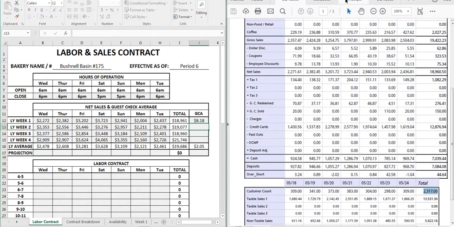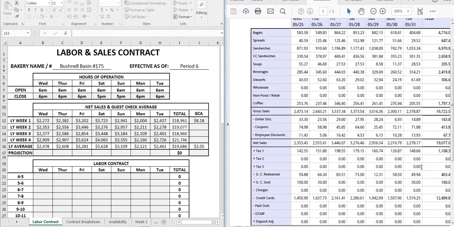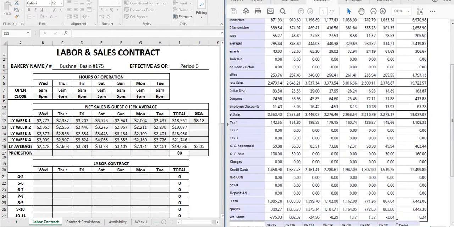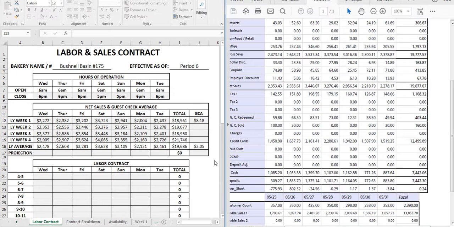If I'm going on to week number 2, looking at my customer count of week number 2, it's 2390. So again, net sales divided by your customer count. And being that I have my net sales on here already, just basically going to write equals my net sales for that week divided by 2390. And there we go.